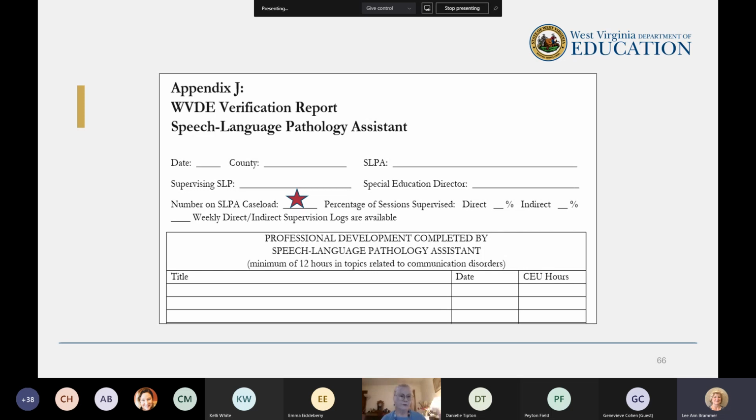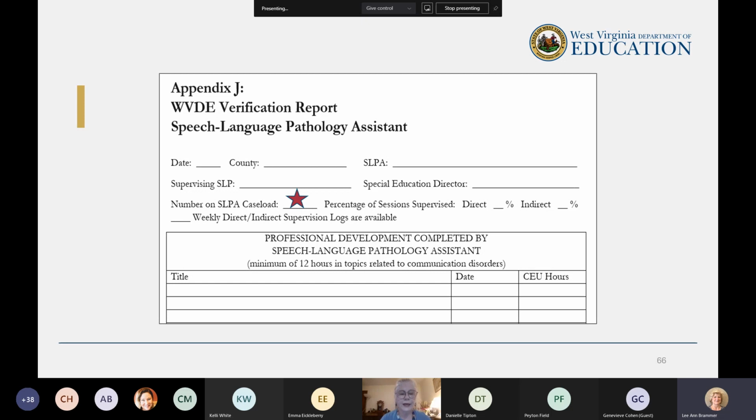So here's the verification report, the first part. I know you're like, well, of course, why do we need to go over these little pieces of the verification report? It's because often people forget, they're in a hurry, and they don't fill out everything. So just a reminder, you need your number on the SLPA caseload. That may have changed, so it would be added.